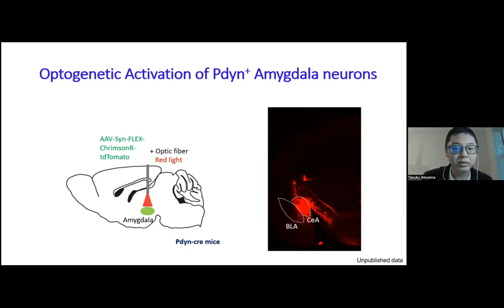And then we implant the optic fiber just above the amygdala, and then we deliver the red light. And then this staining image shows the tdTomato expression. So we confirm that the tdTomato is mainly expressed in the CeA after the AAV injection. So now the PDYN positive neurons have the ChrimsonR, that's the light sensitive channel.